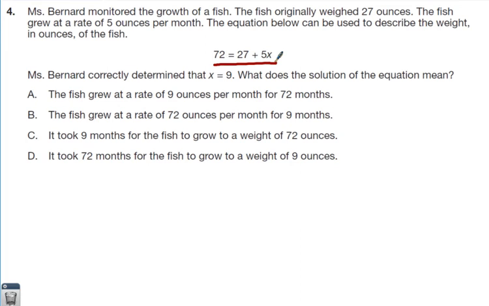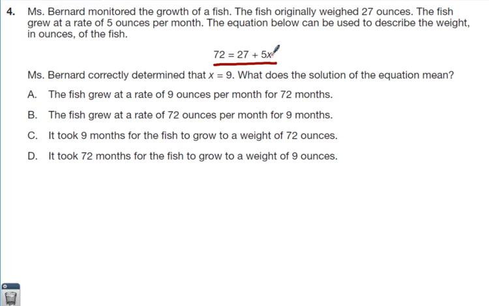Anyway, Mrs. Bernard correctly determined that x equals 9. So if we were to solve that equation, we would get x equals 9. What does that solution mean? Well, based on the reading, 27 was the original weight, and then it's growing 5 ounces per month. So this 5 ounces per month is being multiplied to the variable x. What would you multiply to the rate of 5?